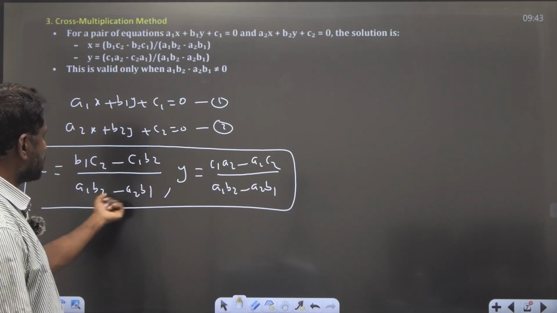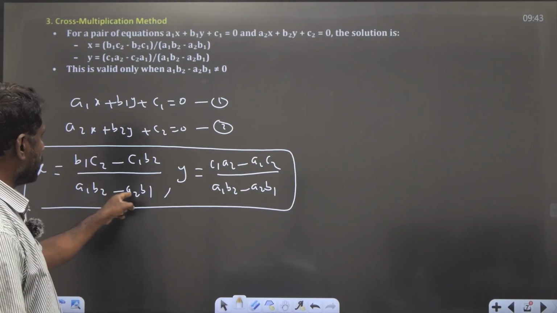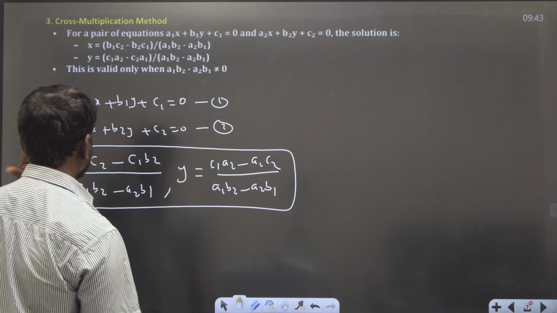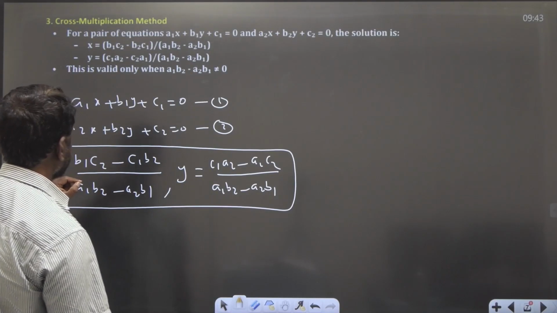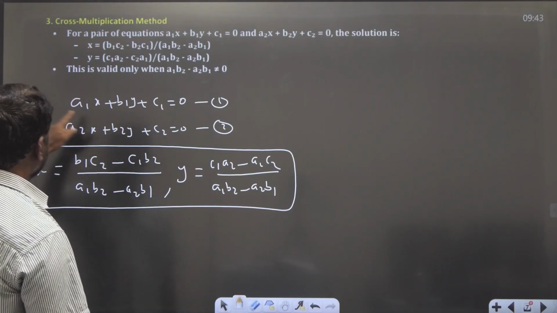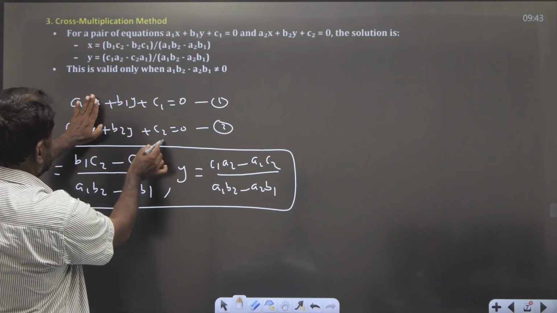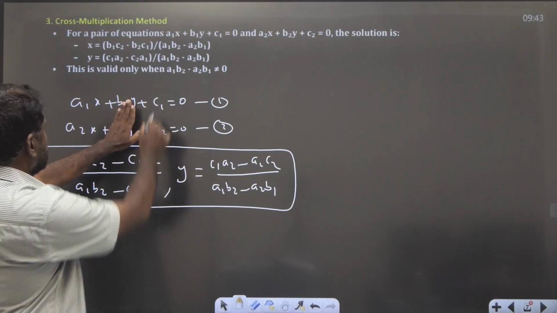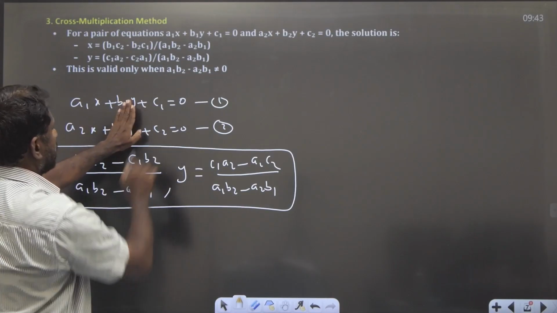In both cases, denominator will be same: a1 b2 minus a2 b1. For the x coordinate of the solution, you take b1 c2 minus c1 b2 as numerator. For y you take c1 a2 minus a1 c2.